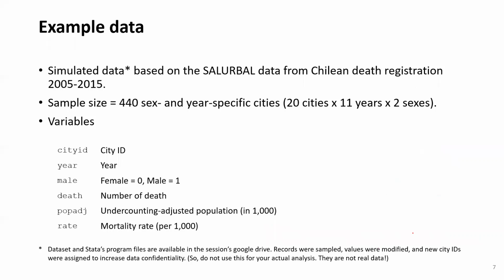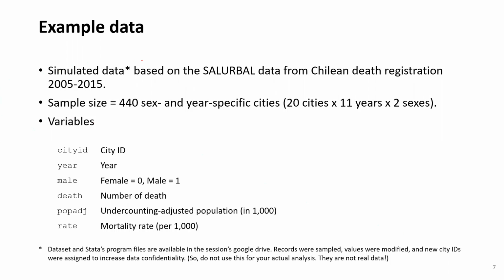And today we are going to use data from Chile, which is a Chilean death registration between 2005 to 2015, which you can see in our Google Drive. And as usual, these are simulated data, which is different from actual data to maintain data confidentiality.